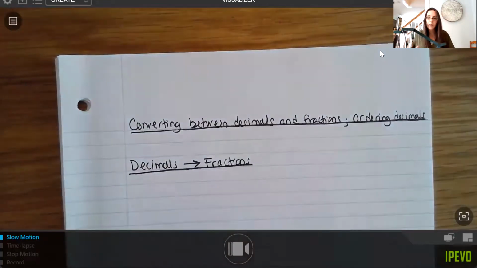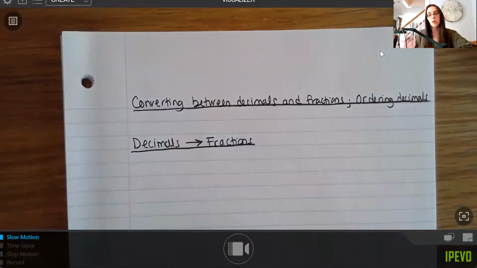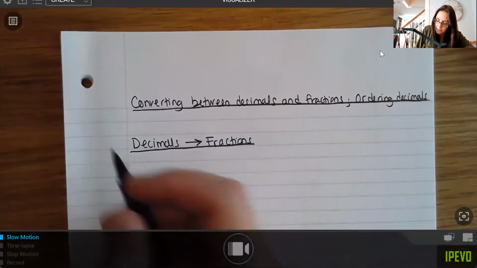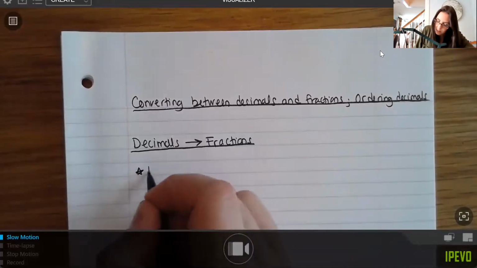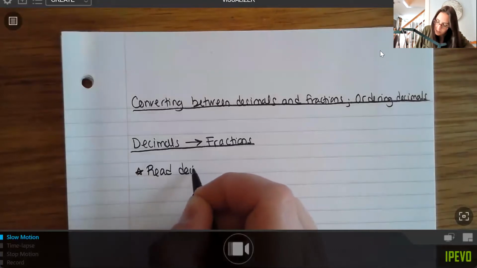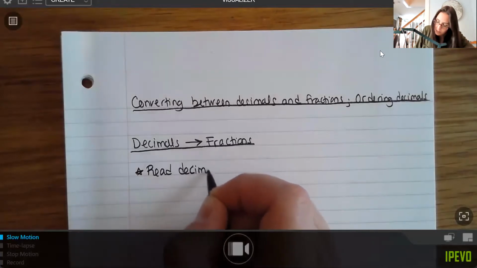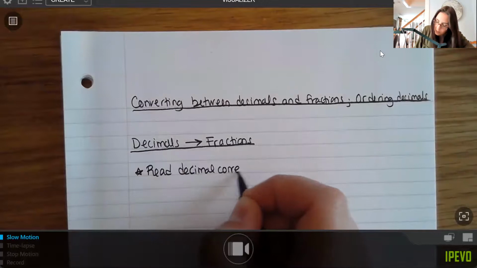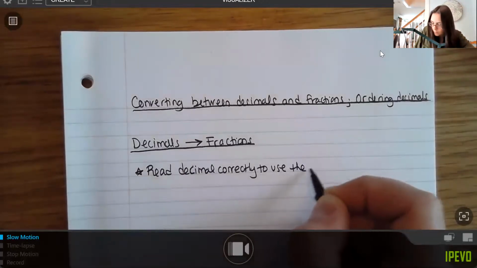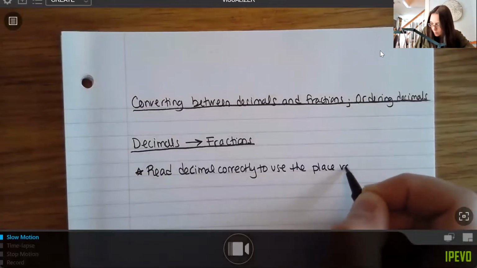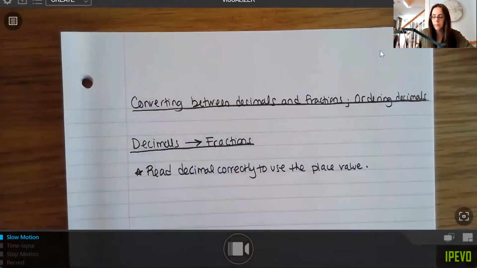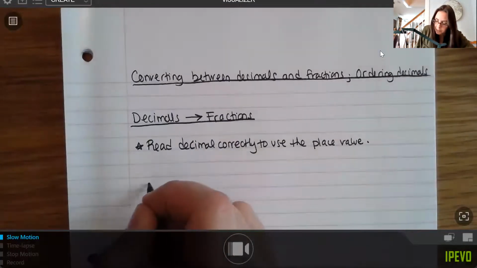And the easiest way to do this is to actually use your place values and to read the decimal correctly. All right, so let me show you with an example, and that'll make it a little bit easier, I think.